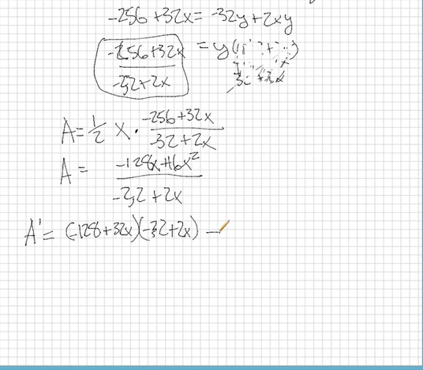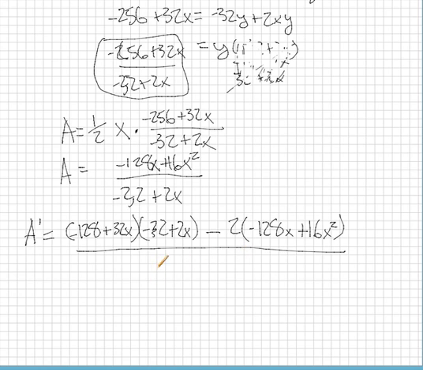And we're going to subtract the derivative of the bottom, which is just going to be 2, times the top, which is negative 128x plus 16x squared. And then it's going to be over the bottom squared.